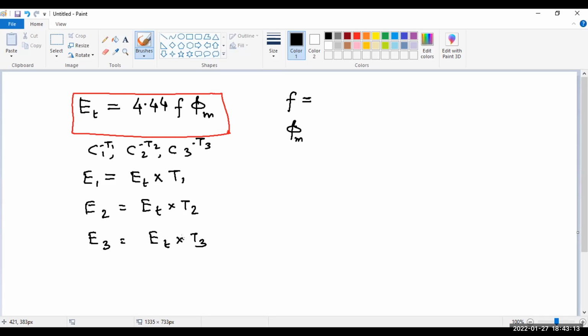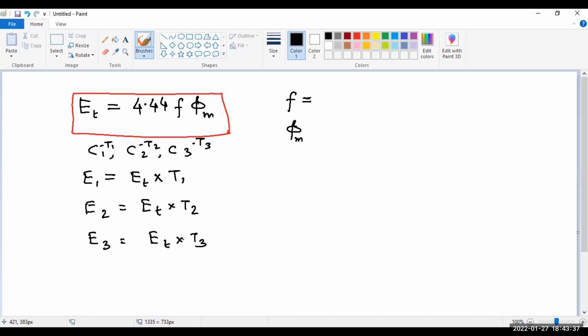Okay, so you have n number of coils having different numbers of turns. If we know the EMF per turn, and we know the number of turns in that particular coil, then easily we can find the voltage, because their voltage contributions are algebraically added.